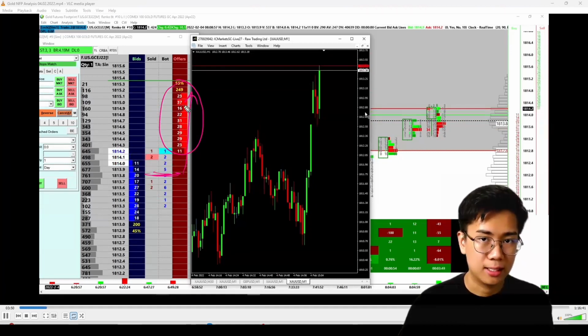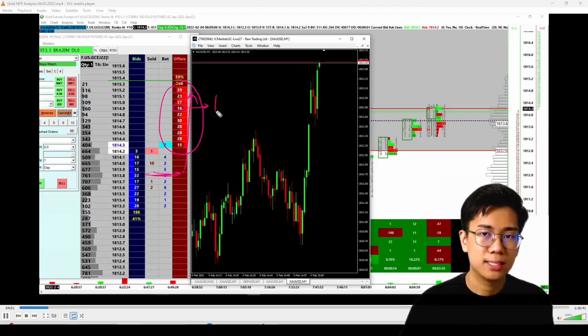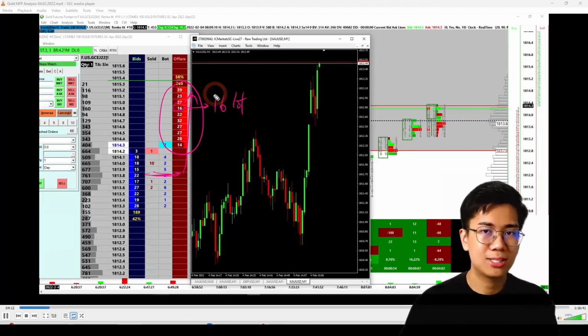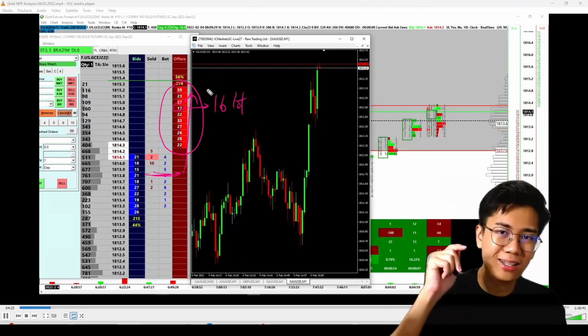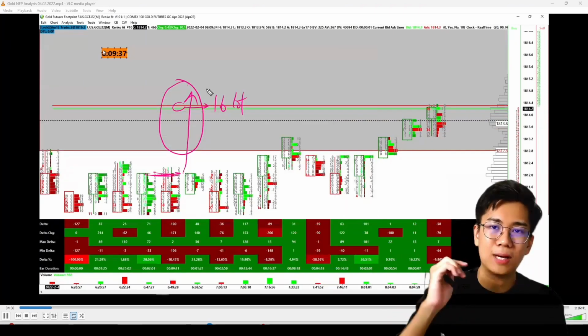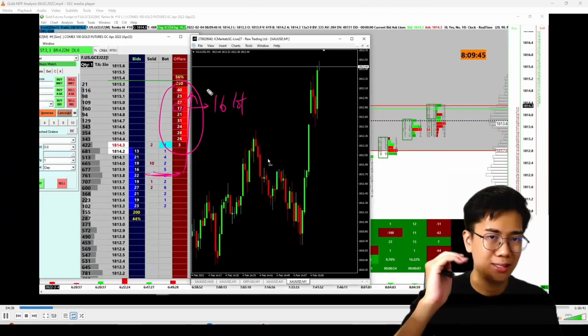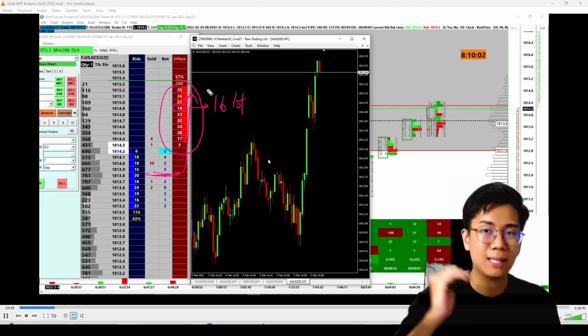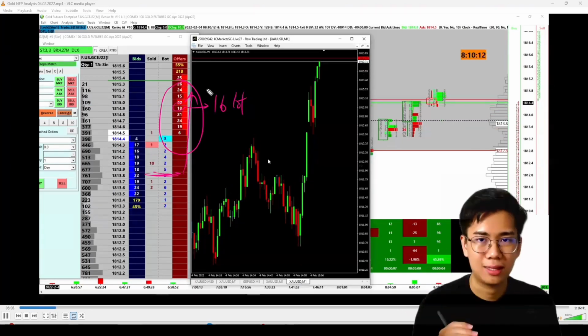Let's say 16, this refers to 16 lots. You literally have to go into the market and click 16 lots in order to move the price by a bit, maybe just 10 pips, or 10 points. Just 10 points up, then down again, finished.